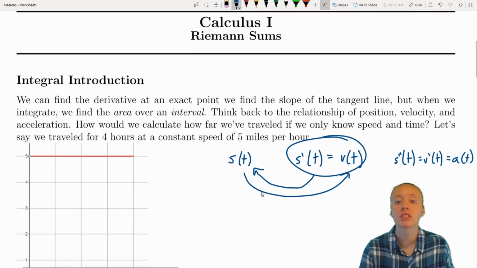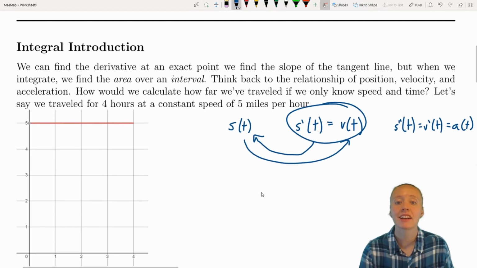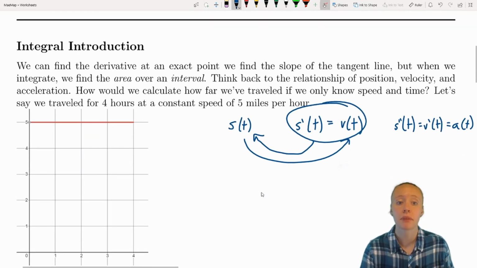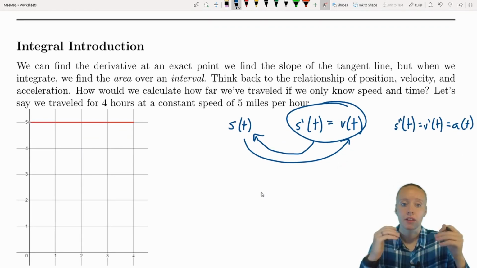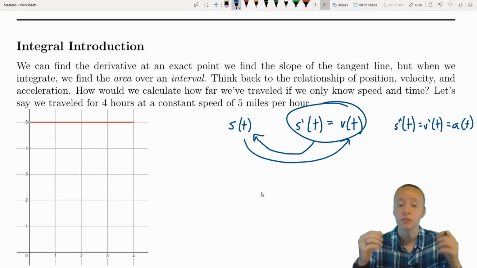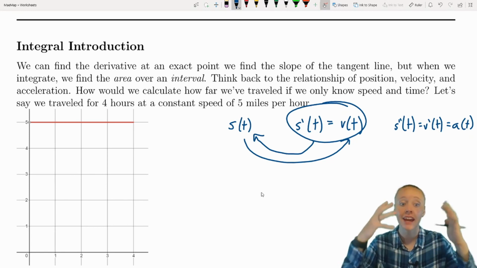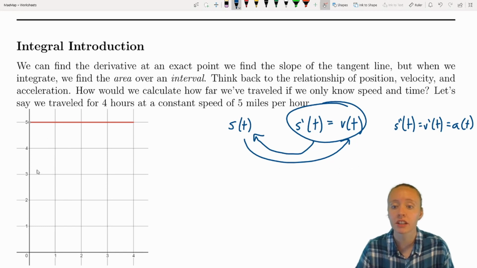Let's say that we traveled for 4 hours at a constant speed of 5 miles per hour. In order to calculate how far we traveled, we're going to find the area under that curve. So from 0 to 4, I'll be able to calculate this area, and that's going to tell me exactly how far we traveled.